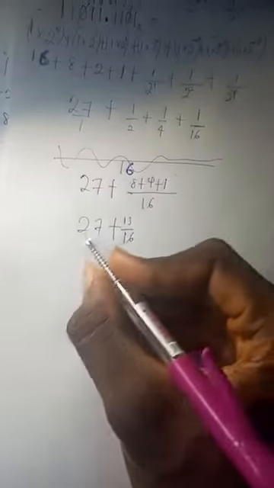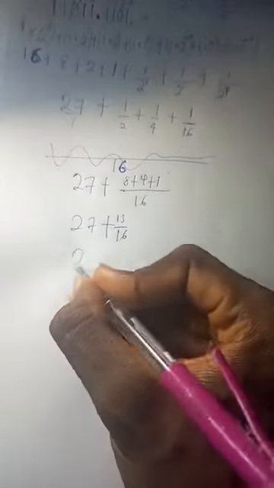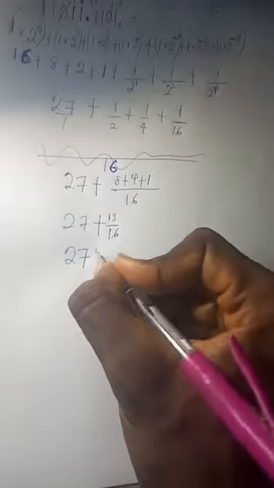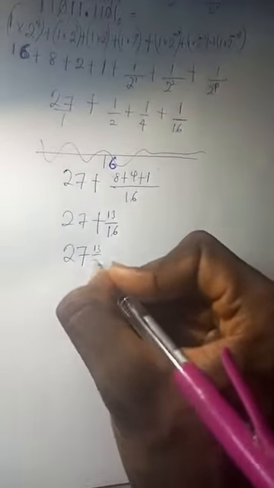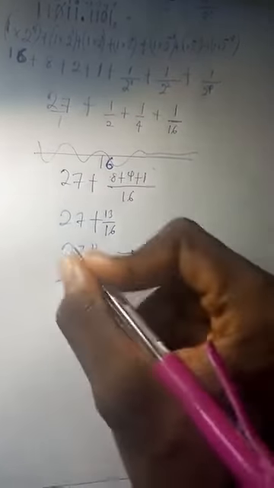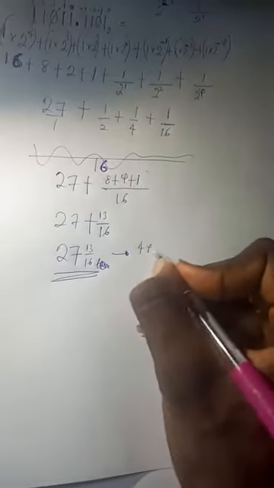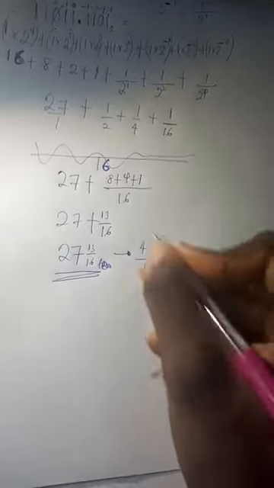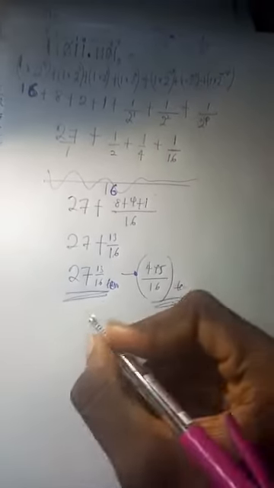All you need to do is, instead of finding the LCM with this, just write 27 whole number 13 over 16. That's all. In base 10. You can decide to multiply this together, then add it with this. That will be 445 over 16 in base 10. So this gives the final result.